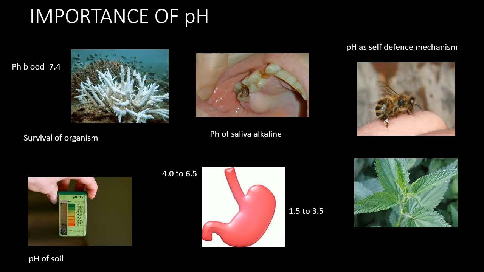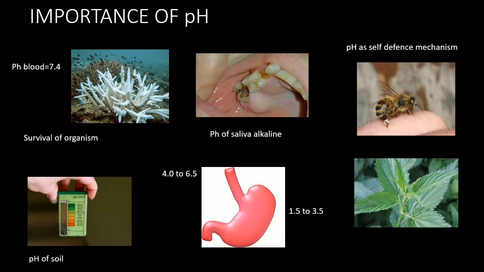Now we will understand the importance of pH in our daily life or in the normal functioning of organisms. As we know, different parts of the human body have different pH levels, and our body works best at slightly alkaline pH.